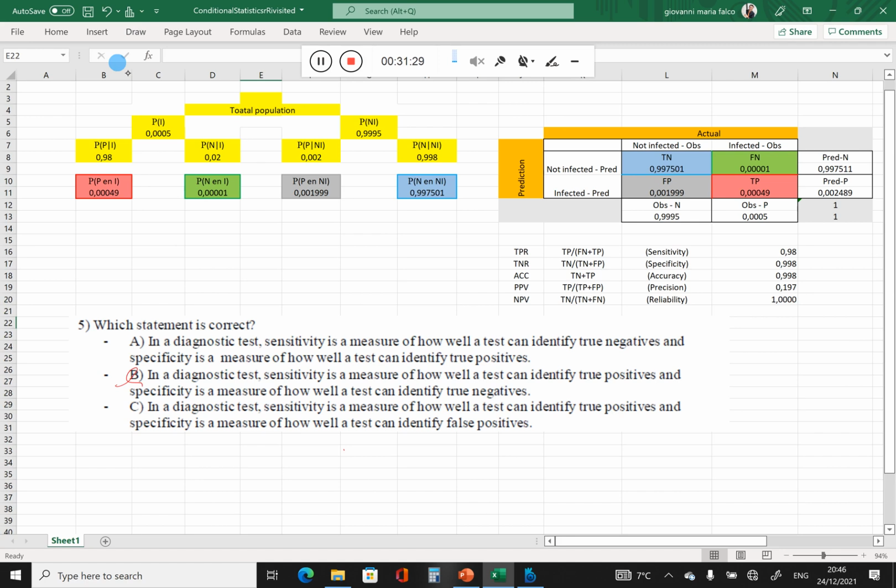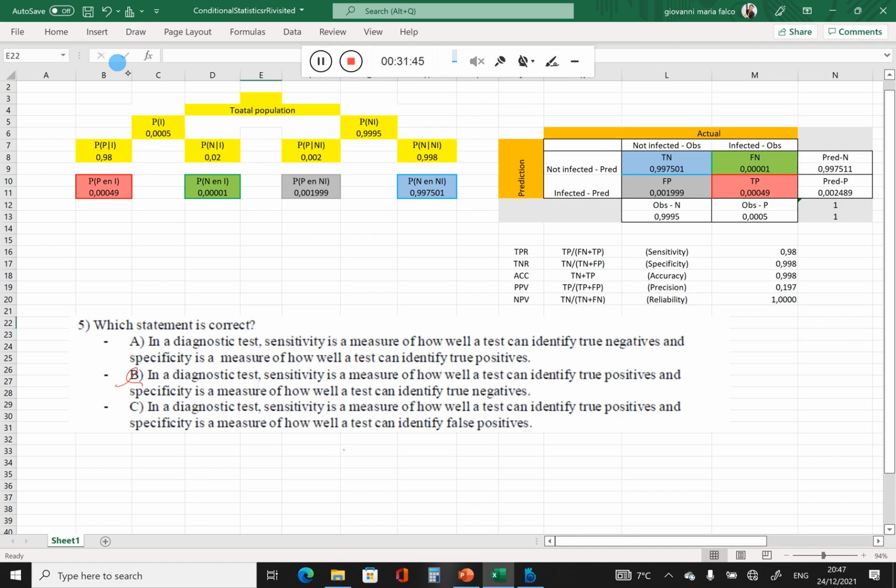So sensitivity is how good the test is at identifying people who are actually infected, and specificity is how good the test is at identifying people who are not infected.